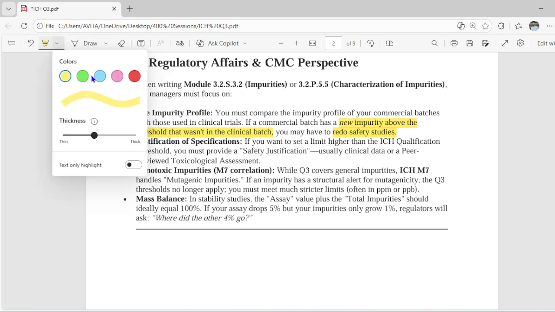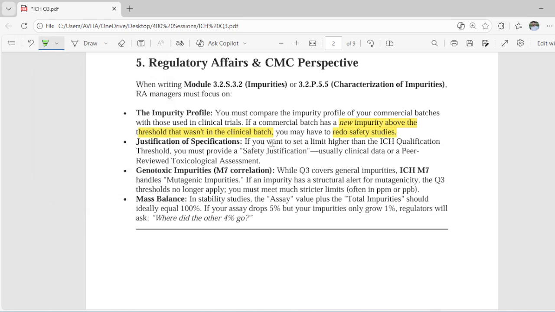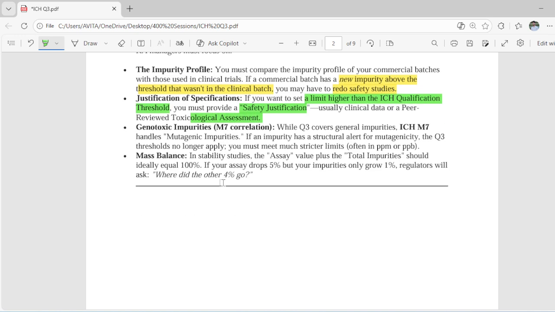If you want to set a limit which is higher than the ICH qualification threshold, then you must provide a safety justification, usually clinical data or a peer-reviewed toxicological assessment. Then we have genotoxic impurities, the M7 correlation.